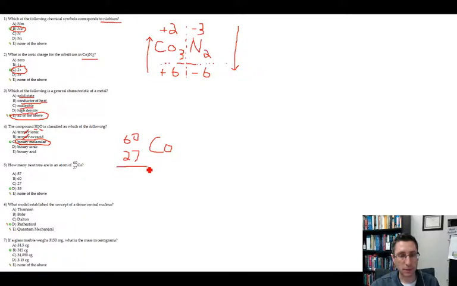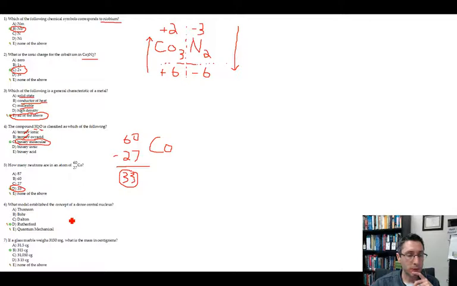So to figure out the neutrons, you take the difference of these two numbers. That's 33. If I had asked for the number of protons, it would just be that bottom number, 27. Or the number of electrons, assuming it's neutral, is also that bottom number.